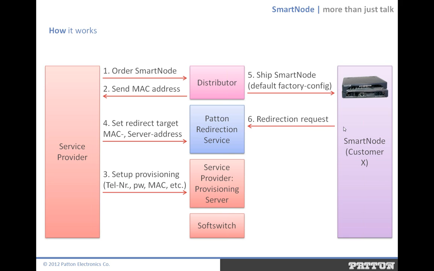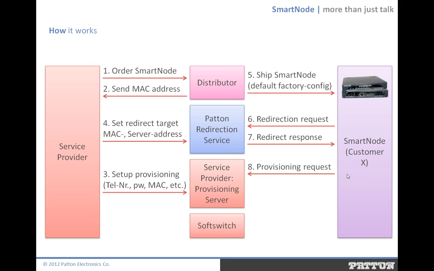Then, when the SmartNode is booted, it makes a request to the redirection server to check whether there's an entry for its specific MAC address. If there is an entry present on the redirection service, the redirection response will be sent with the address of the provisioning server, and that's now the process as usual with customer-specific customized factory configs.